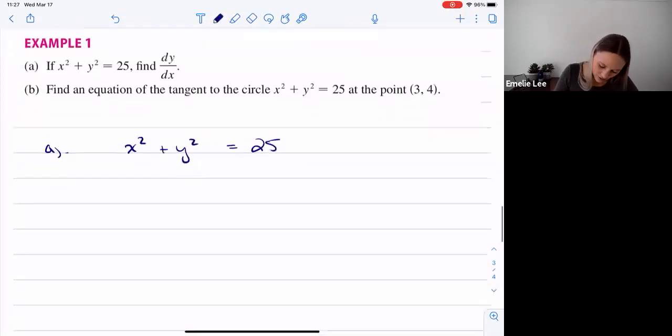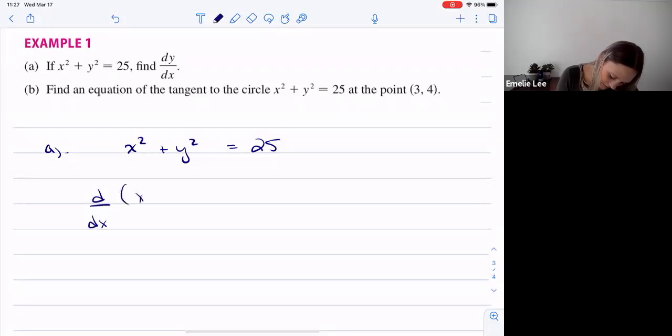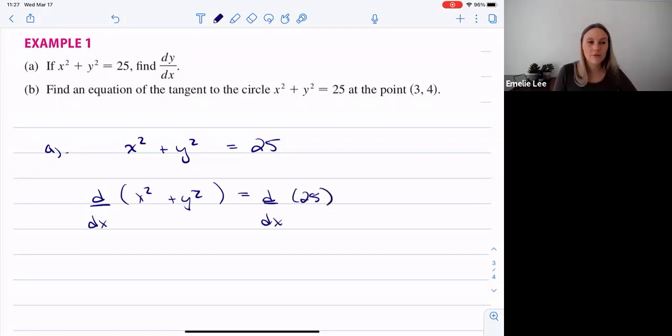So for that reason, I'm going to wrap it up on the outside here. D dx of x squared plus y squared equals d dx of 25. Right? Later, I'll switch to prime notation, but this is just to illustrate that I'm going to be taking the derivative now.